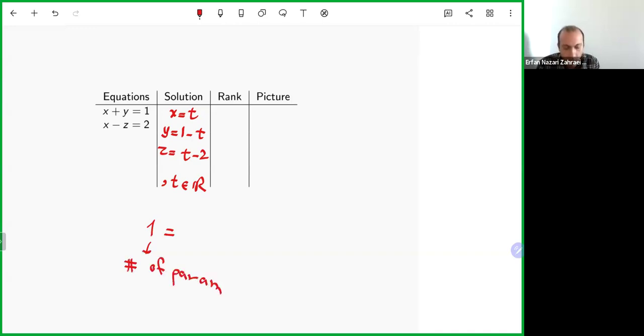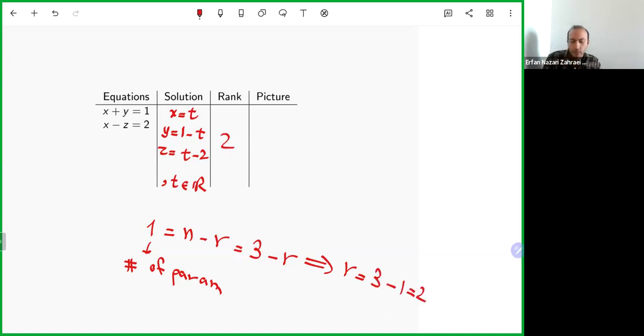according to that theorem, for a consistent system, is n minus r: number of variables minus rank. We have three variables, x, y, z, and rank is r. I don't know; that's the one I want to find. So r is 3 minus 1, which is 2. So rank is 2.